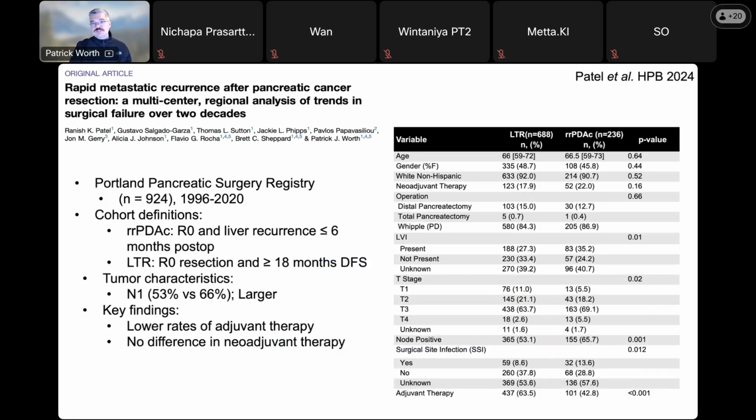I think a lot of the rationale that we have, and we're going to get into this a little bit as we start to move into what my lab is researching, is that these recurrences tend to occur in patients who don't receive adjuvant therapy, and that there's really no difference across the receipt of neoadjuvant therapy in these patients as well.